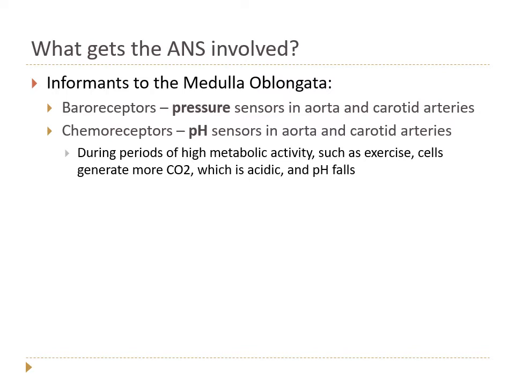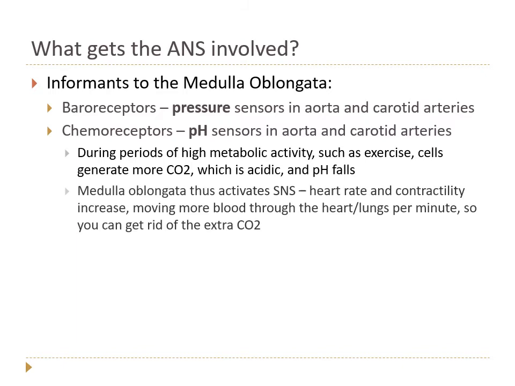When you dissolve it in a fluid like plasma, it becomes acidic, and so the pH falls, it gets lower. The blood gets more acidic when you are more metabolically active, such as during exercise, when you're producing more ATP.